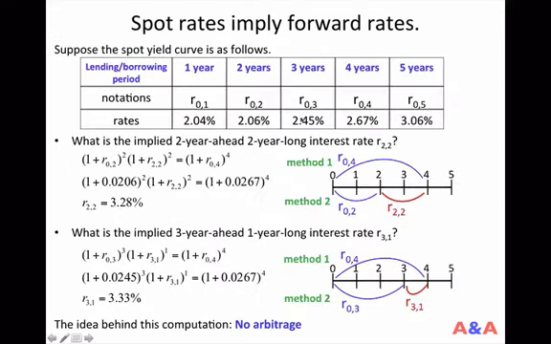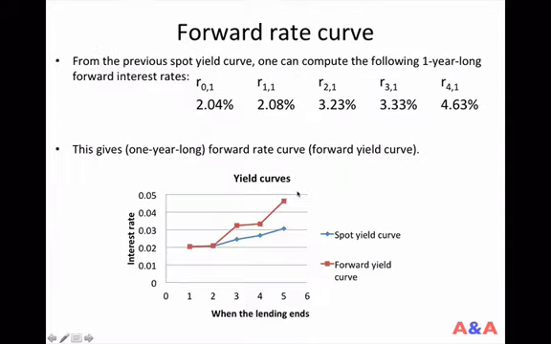So given the same spot rate information, we can compute, for example, all 1-year long forward interest rates. This interest rate starts today and ends in 1 year. This interest rate starts 1 year from today and lasts for 1 year. All these interest rates are 1 year long contracts.